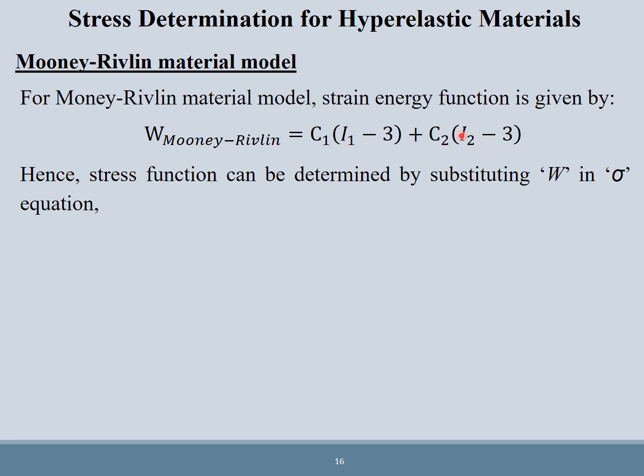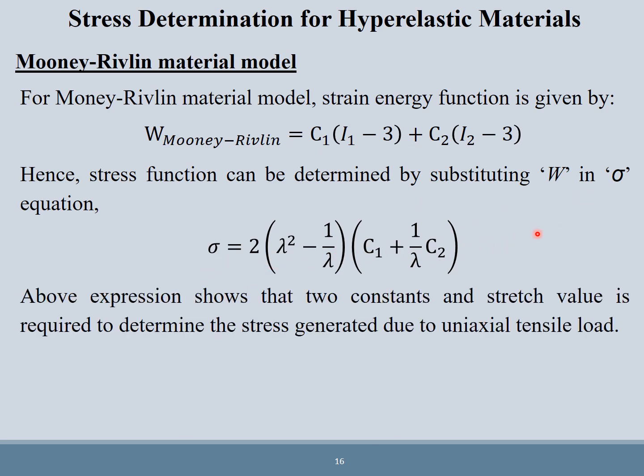When we replace that in the previous equation, what do we get? Sigma is equal to 2 times lambda square minus 1 upon lambda, and for this differential, we get C1 plus 1 upon lambda times C2. So in order to determine the stress, we need the stretch and the coefficients.